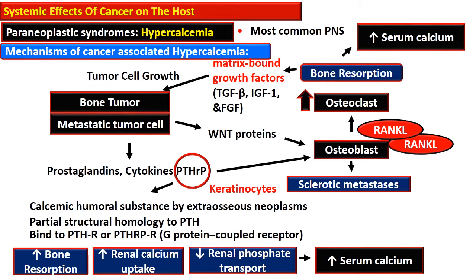Keratinocytes normally also secrete a small amount of parathyroid hormone related peptide, and the release of this parathyroid hormone related peptide from the keratinocyte reflects the association of hypercalcemia that is seen in the squamous cell carcinoma.